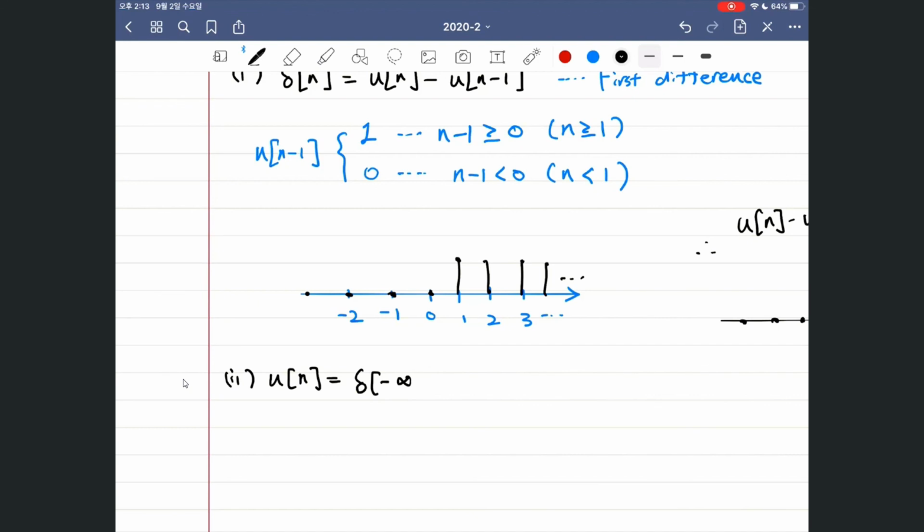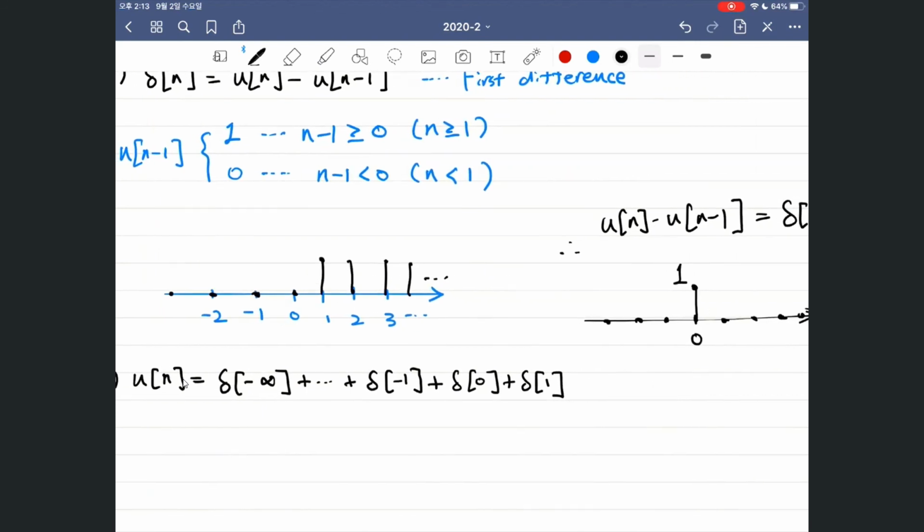So it goes like this. It's the summation from negative infinity up to n of delta[k].